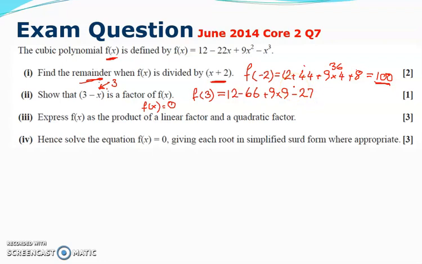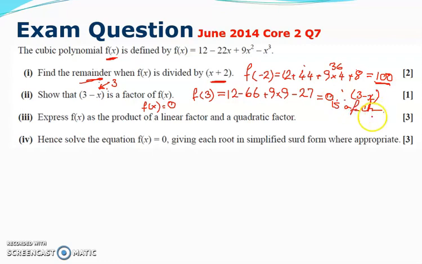And I'm going to do that on my calculator just to make sure. I've got 12 minus 66 plus 81 minus 27. It does equal 0. And because it is equal to 0, therefore 3 minus x is a factor.